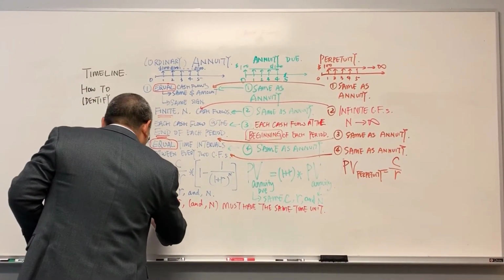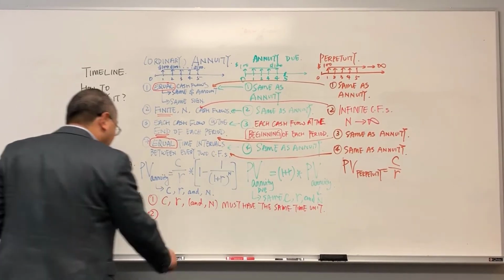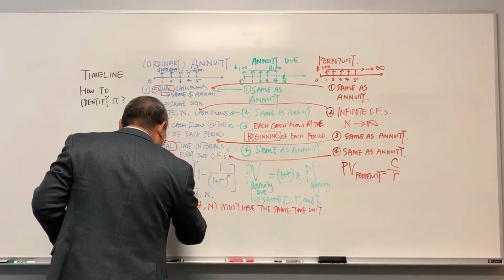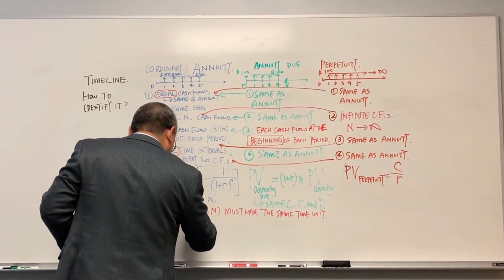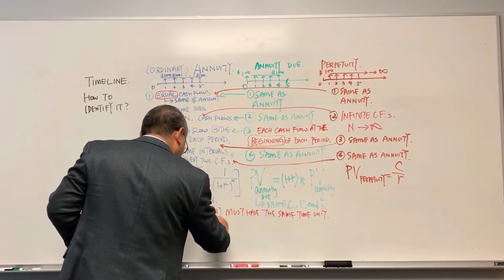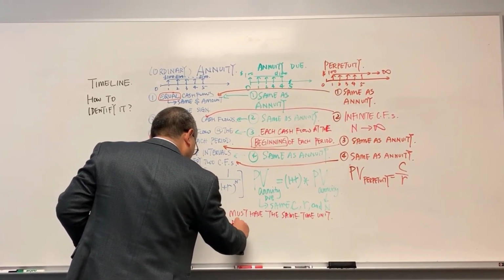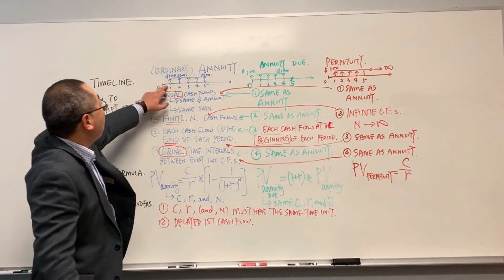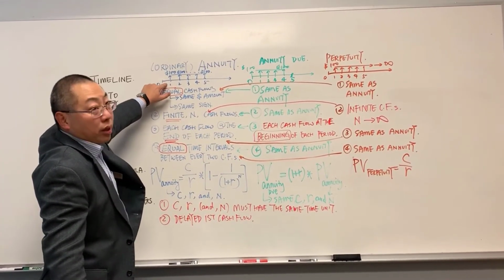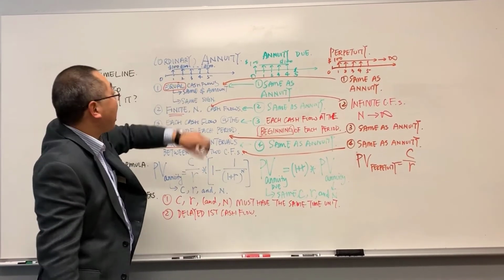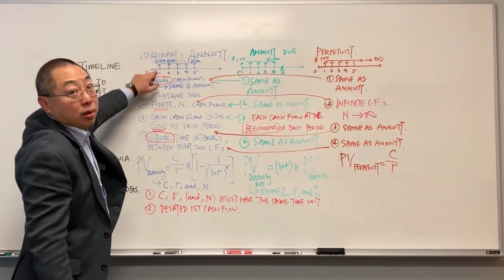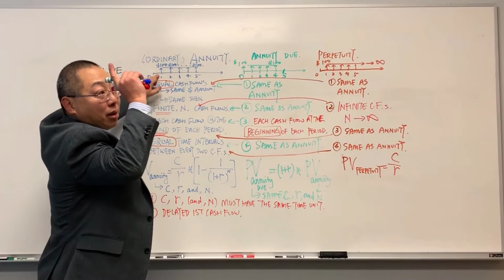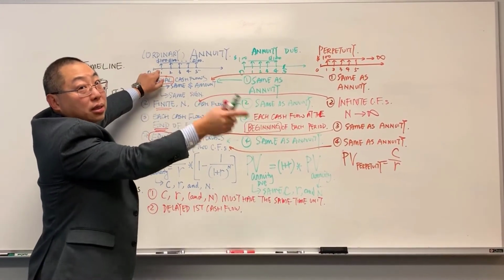Number two is a little bit more challenging. It's a problem with delayed first cash flows. That means, for example, for annuity or for perpetuity, your first cash flow no longer occurs at time 1, but at maybe time 5, time 6 in the future.